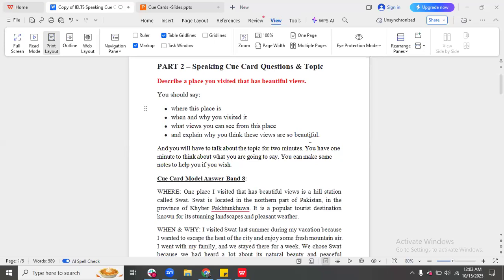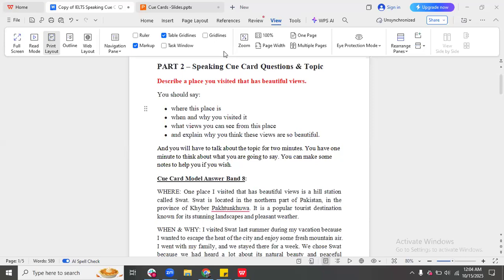I don't remember the names of the places, but I know there was a mountainous view that I looked at. But I do remember one place that I visited, that is Murree, and I visited there because my father got some days off from his office. So that's why we traveled to the northern areas of Pakistan.